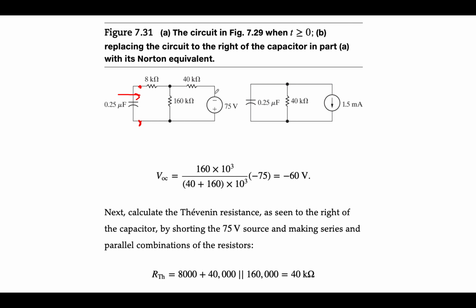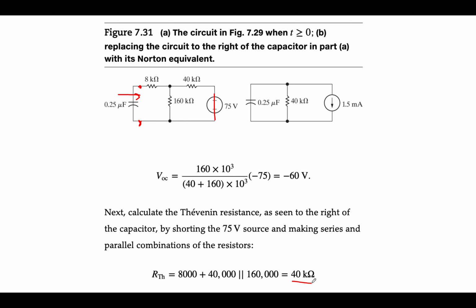To find it, we can replace the voltage source with a short. When we replace the voltage source with a short, we have 40 in parallel with 160. And when we calculate that, we get 32. And then we have that in series with 8. So we find the parallel equivalent here, which is 32. We put that in series with 8. We end up with 40 kiloohms.